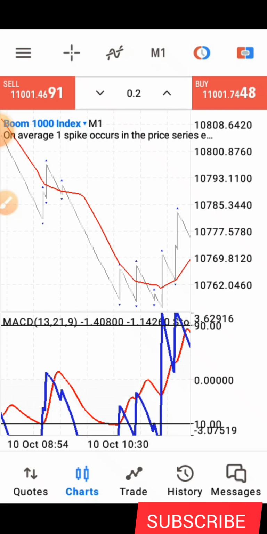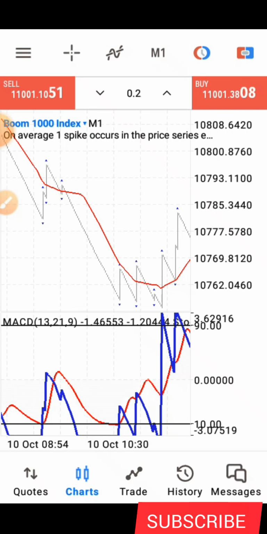I said if it doesn't get to the oversold level, don't buy, and if it doesn't touch the overbought level, don't close. So the discipline to always keep to these rules counts too. If you have all these things, I don't see how you won't be profitable in this forex trading field, or whatever you might call it. So make sure you apply all these things, and then I assure you, you are going to make money.